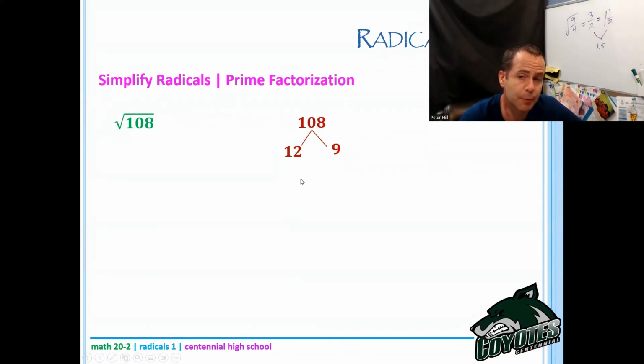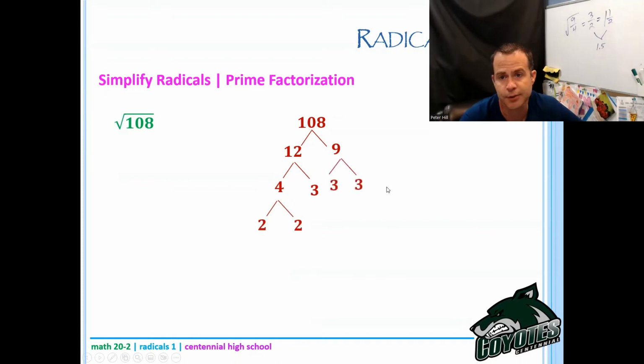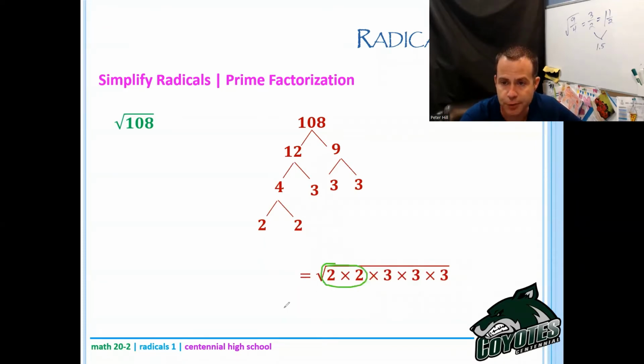Now the 12, I break down into 4 and 3, and then the 4 goes into 2 and 2. And then I'm going to go back up to this 9 and break that down to 3 and 3. So I end up with 2 times 2 times 3 times 3 times 3. So I rewrite root 108 as the root of 2 times 2 times 3 times 3 times 3. Now I'm looking for the pairs. So that pair of 2s can come out.